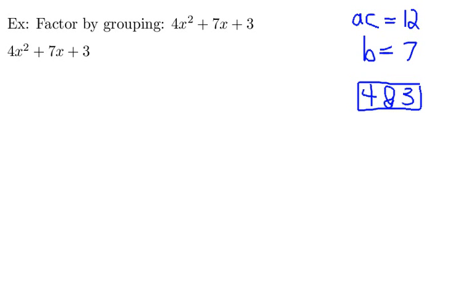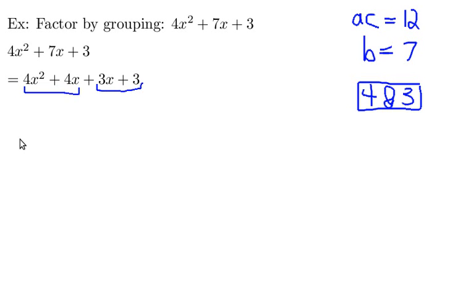So, let's make a new line there. Okay, so we'll have 4x squared, just the same as before, but now we want to separate this 7x into 4x and 3x. So I separated this 7x into 4x plus 3x. And now we can pretty easily see that we can factor out a 4x from here and a 3 from here.